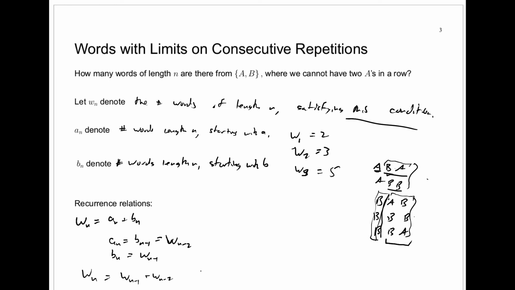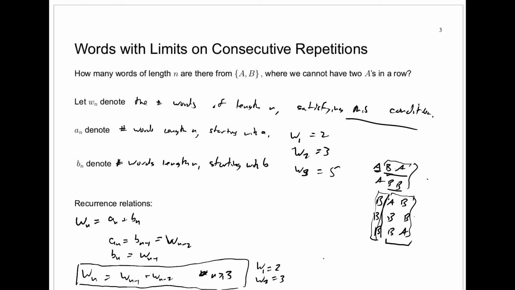And we can certainly use that for all n greater than or equal to 3. Now this recurrence relation should be familiar. It's exactly the same recurrence relation that we saw with the Fibonacci sequence. Notice that for this sequence, however, we're starting with W1 is 2 and W2 is 3.